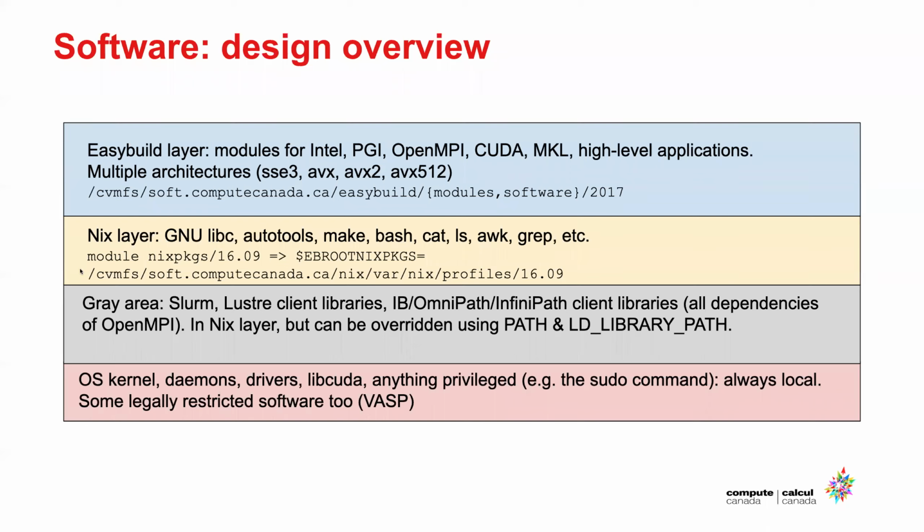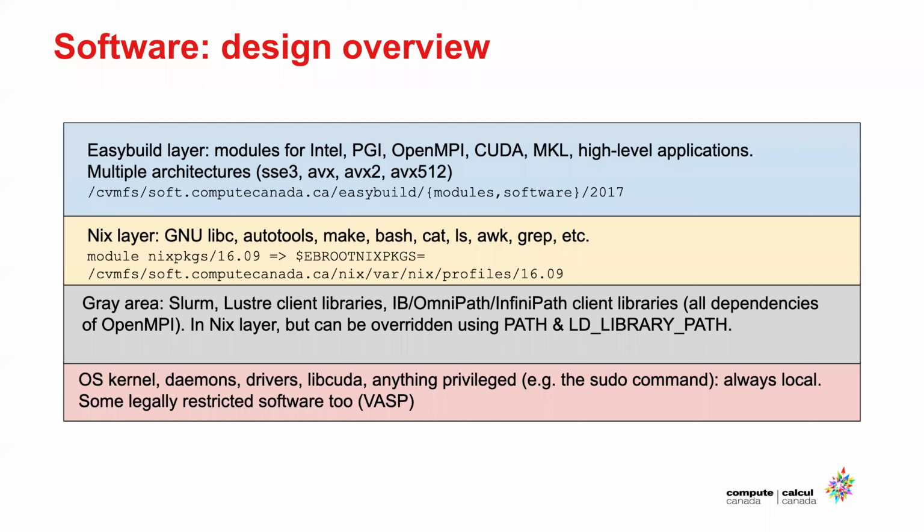Then the Nix layer will include everything that you would typically have on a Linux operating system, down to the libc, the autotools, the bash, the binutils, that will be distributed by Nix. So Nix is really good for isolating itself from the base OS.